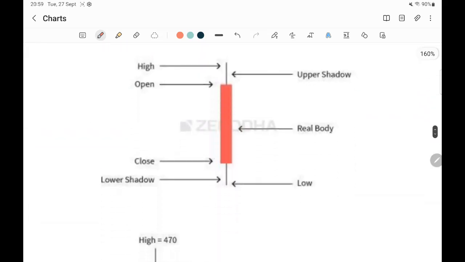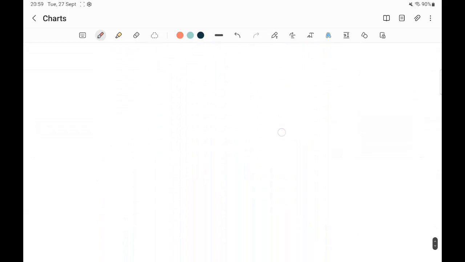Let's understand how the bull candle is formed and why it is called the bullish candle. Take the example of a price point of 60 rupees. At 60 rupees, 20 people think this is the best buy point, and 5 people think this is the best sell point.